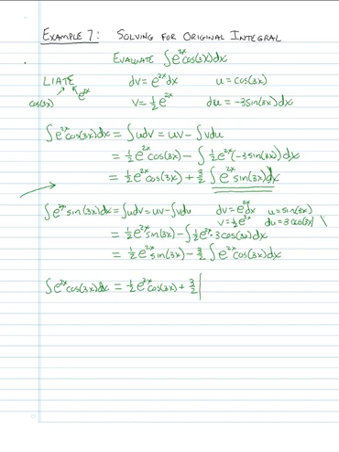And in the next step, we showed that that integral was all of this. So let's write it in there: 1/2 e to the 2x sine of 3x minus a 3/2 integral of e to the 2x cosine of 3x dx.